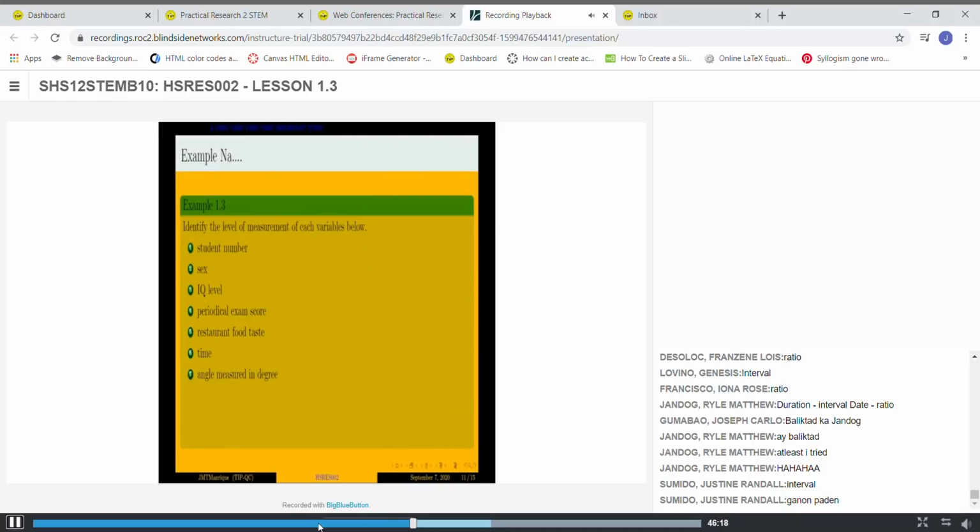Next, what about the angle measured in degree? The angle measured in degree, o ano, may sumagot ng interval, may sumagot ng ratio.